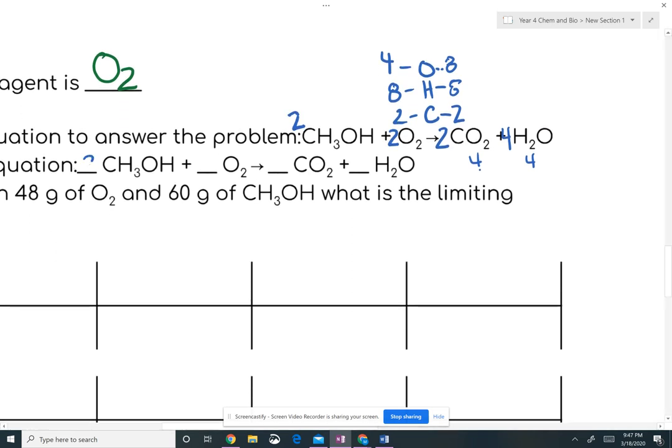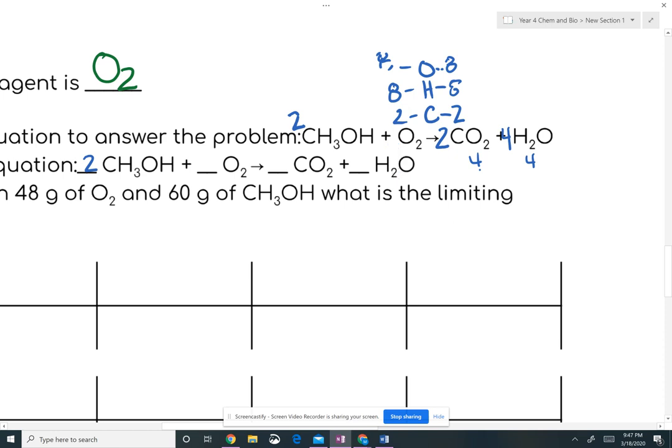So let me double check this real quick. 4 times 2 is 8. So this is 8. Then 2 times 2 is 4. 5, 6. Uh-oh. This does not balance.